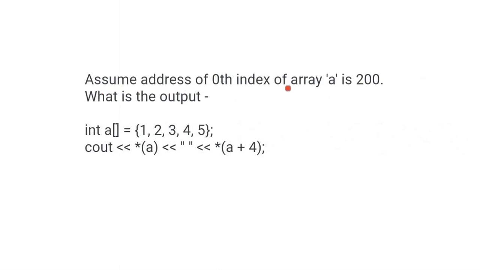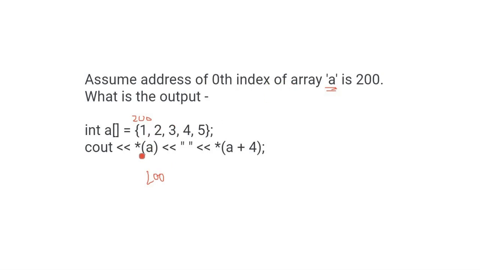Assume that the address of the 0th index of array A is 200. What is the output? We know that an integer array A more or less behaves like a pointer. So a will have the value 200, which is the starting address of the 0th index element of the array.